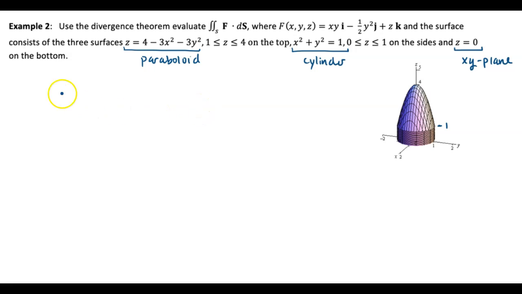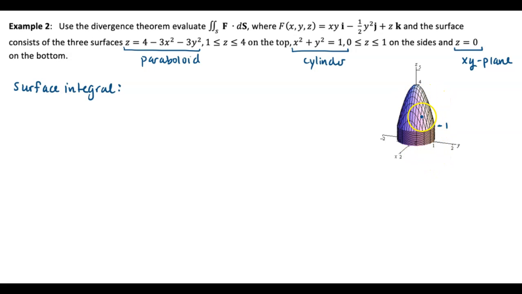Now if we were to find this surface integral, we know that this isn't a smooth surface. This is a piecewise smooth surface, and we've got three different surfaces.